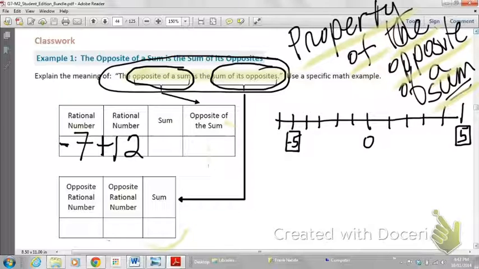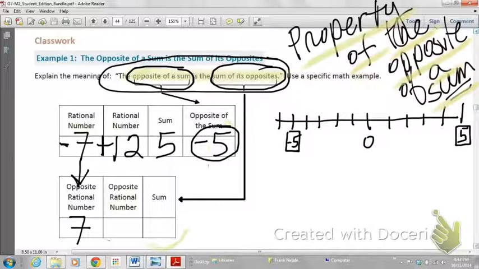-7 plus 12 is going to be positive 5. Now the opposite of that sum is a -5. And now we go down here, we take the opposite of that rational number, which is 7, and the opposite of that rational number is -12.